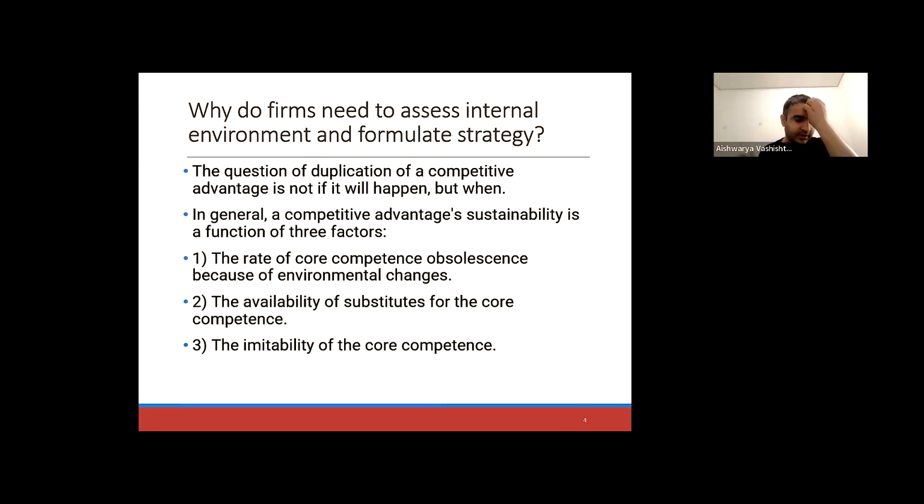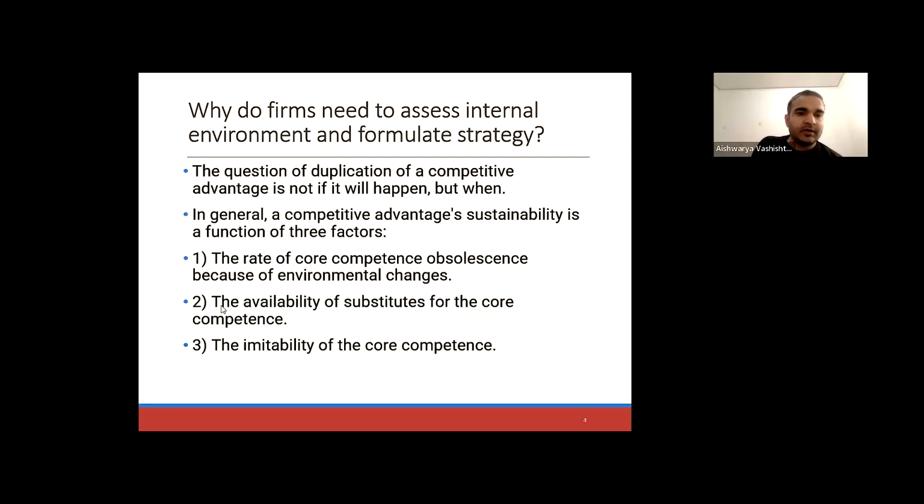And if we remember the four things that make our capabilities core competence, which were valuable, rare, inimitable, and non-substitutable, that will basically give us these 3 points that our core competency can be valuable, but because we have stopped innovating, sooner or later our core competency can become obsolete, right?